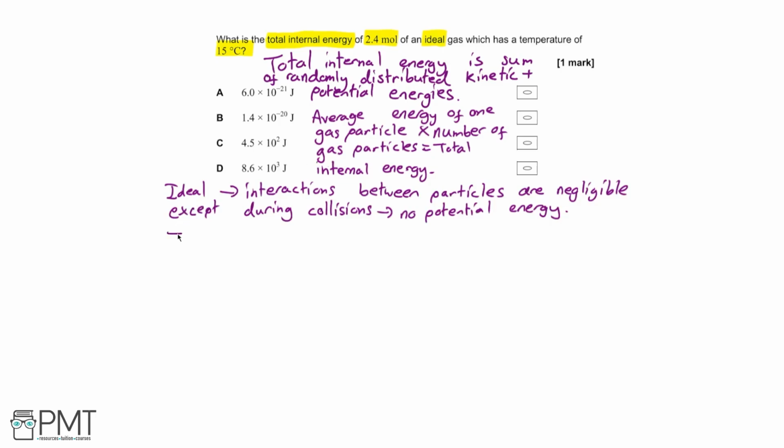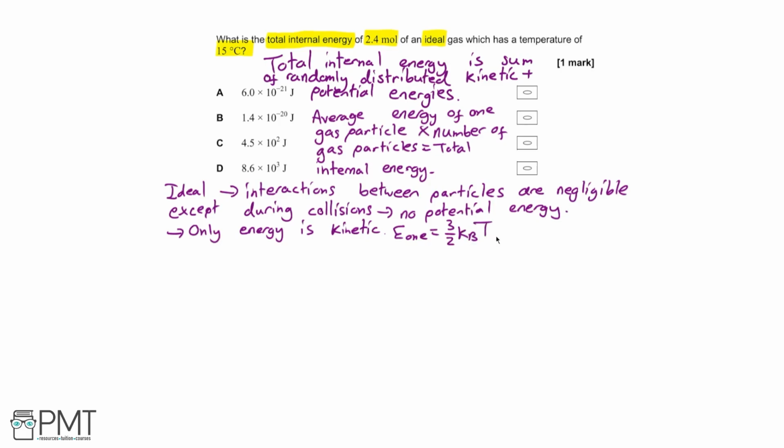Therefore, the only energy is kinetic of any given particle. So that's the only part of the kinetic and potential energies that contribute to the internal energy. So therefore, we can say that the energy of one particle is given by the equation on the datasheet, 3/2 times kB times T.